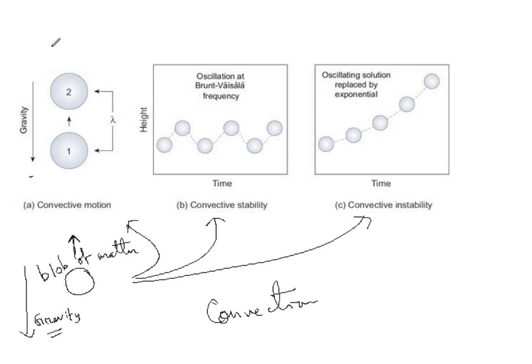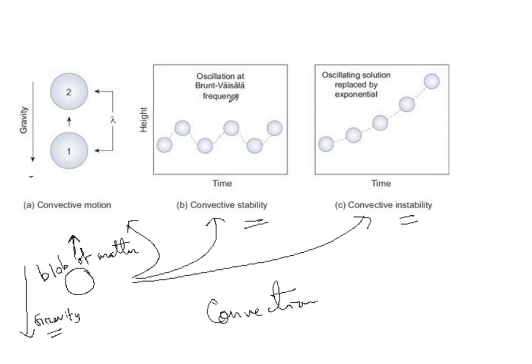So I am just displacing, and in case of convective stability, so stability and then comes instability. In case of stability, it experiences a restoring force that tends to return it to its original position, but because of the overshooting, the blob executes a stable oscillation around an equilibrium height with a frequency known as the Brunt-Väisälä frequency.